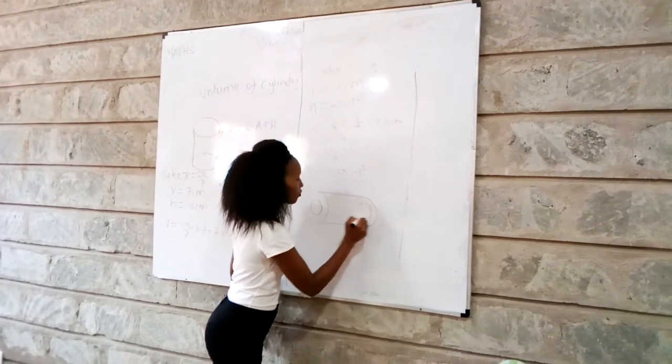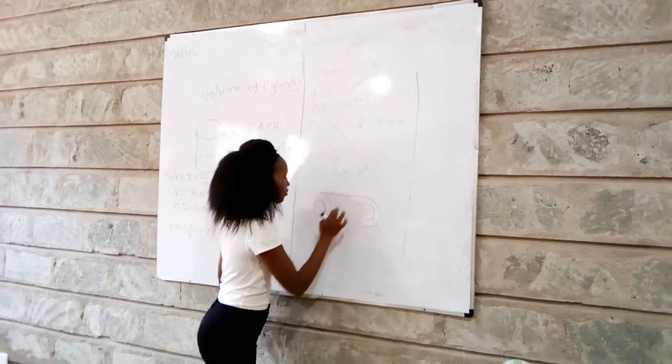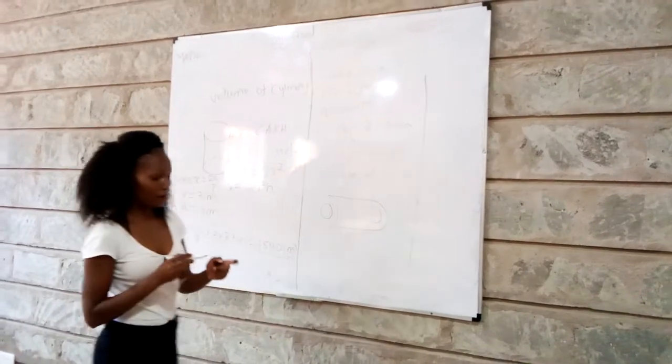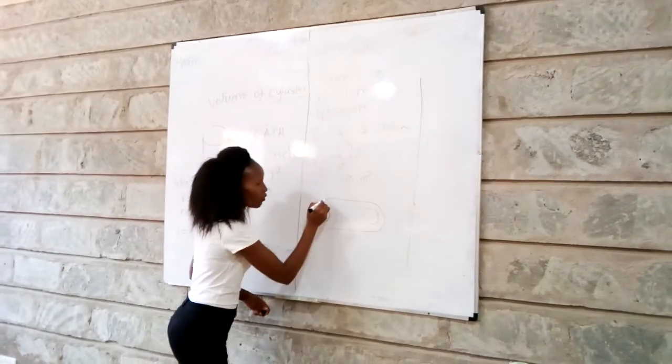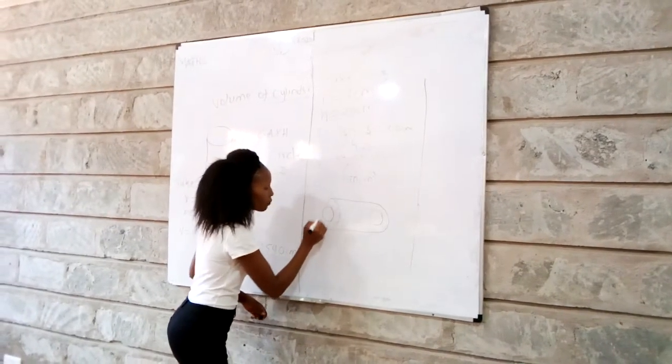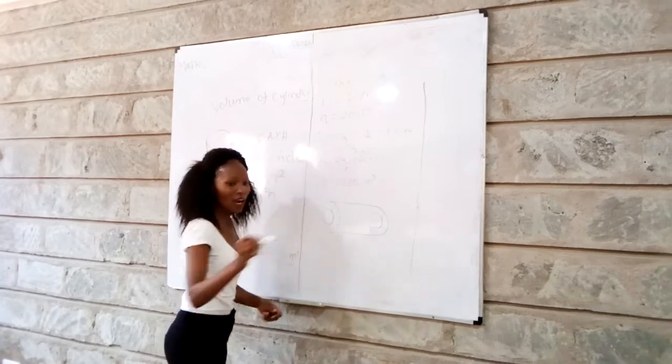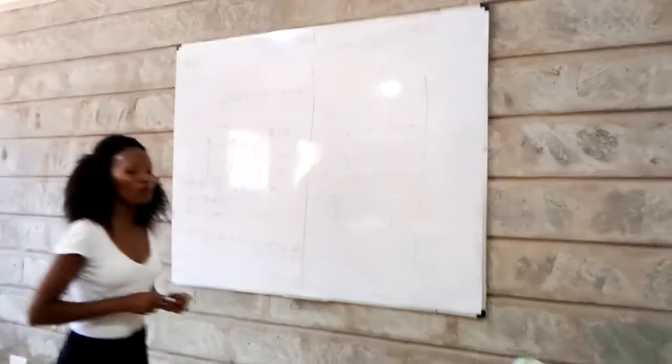Is this how it looks like? Yes. So I want us to get the volume of this material, the shaded part, the white part which you've seen from the sample which we have for the pipe.